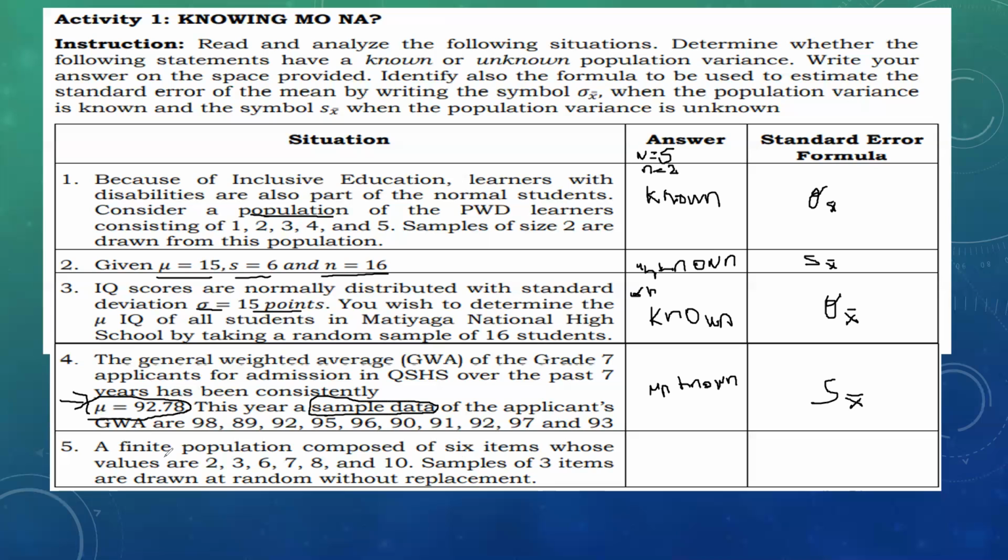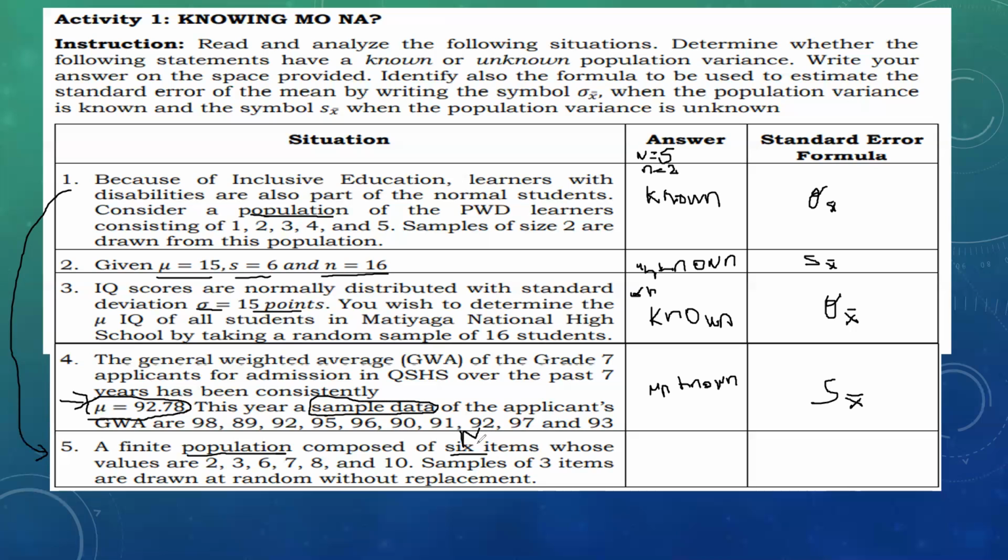Last one. A finite population is composed of 6 items whose values are 2, 3, 6, 7, 8, and 10. A sample of 3 items were drawn at random without replacement. So katulad lang siya nito, halos magkatulad lang ito. So ang given sa atin ay population, which is 2, 3, 6, 7, 8, 10. So we have 6, which is our population, the number of population.